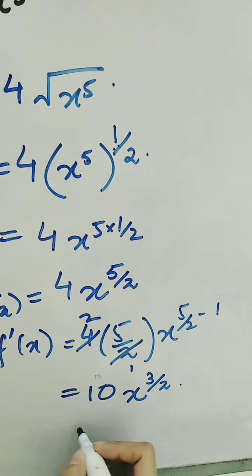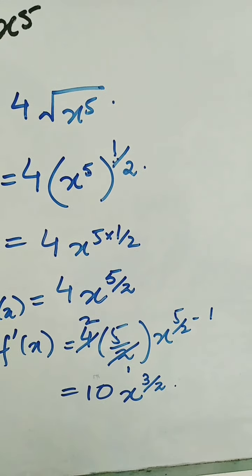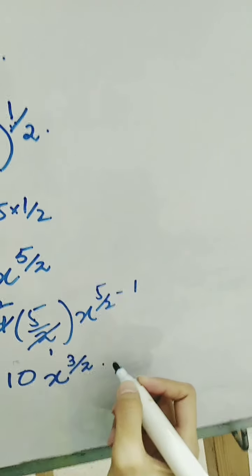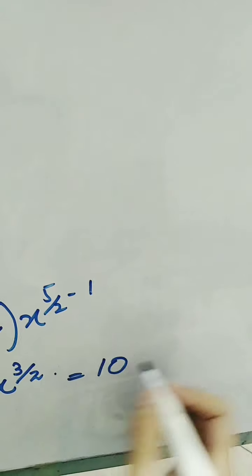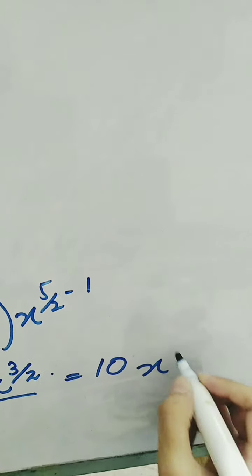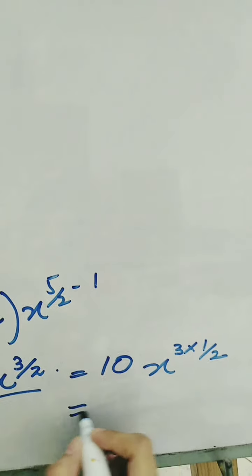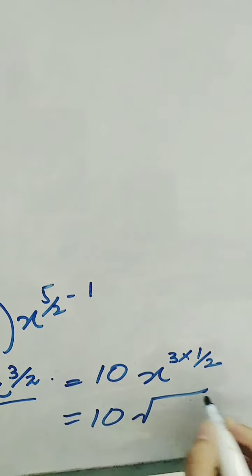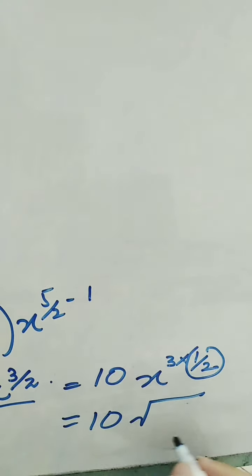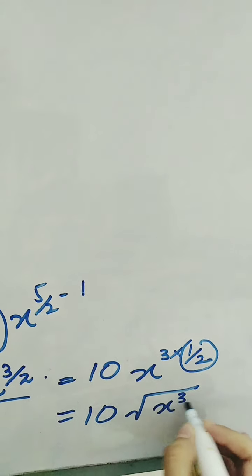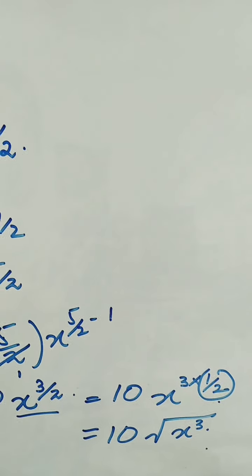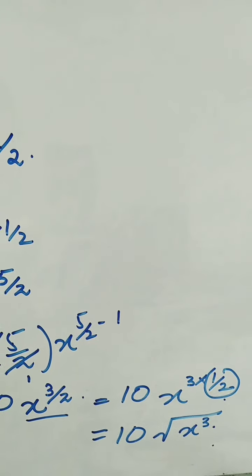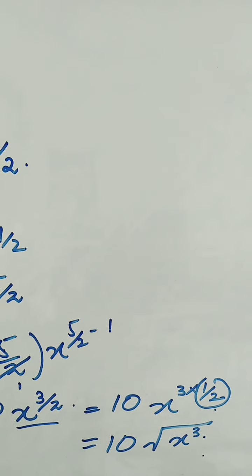Now our answer is 10, as this can be written as x raised to 3 into 1 over 2, or 10 under root x cube. This is equivalent to this, and 10 under root x cube is our answer for the given function.